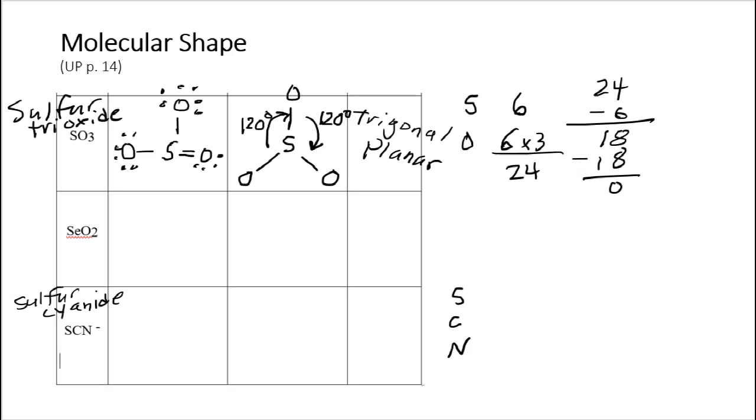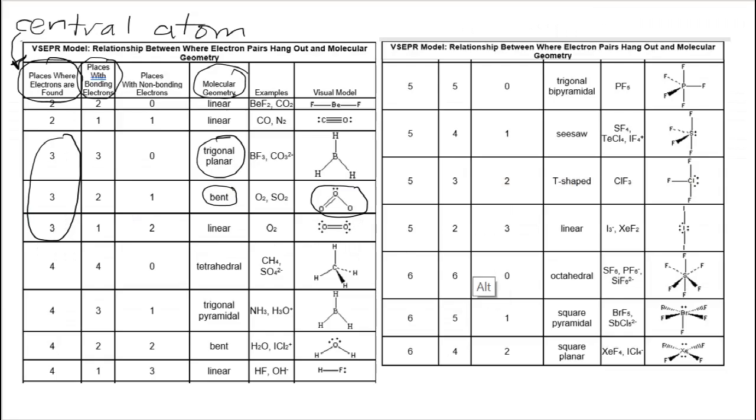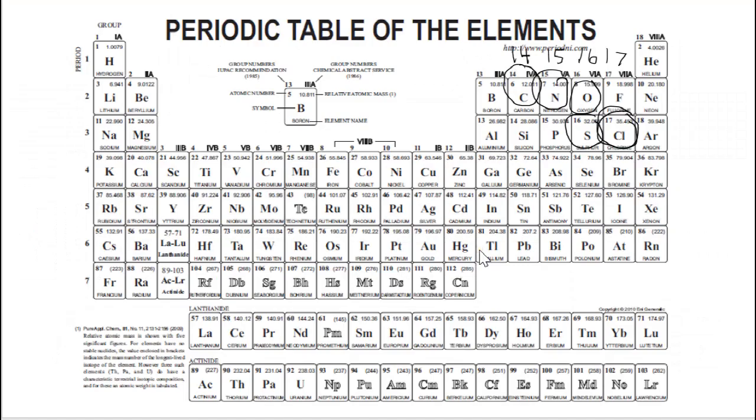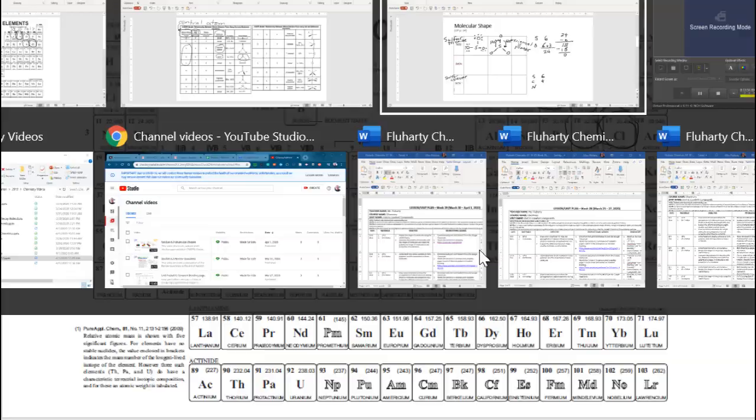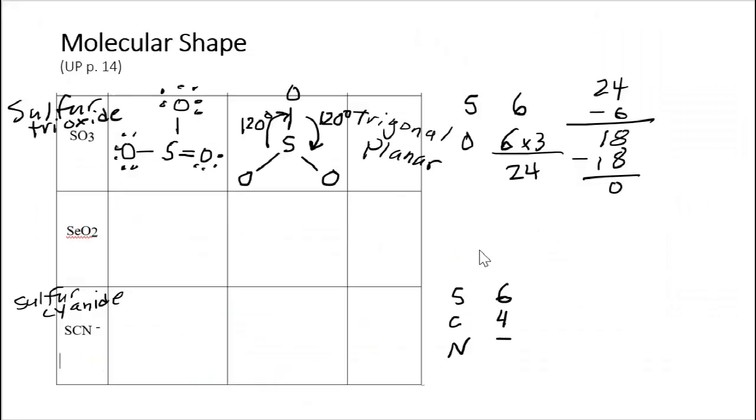Sulfur is 6, right? 6 electrons. Carbon is 4, column 14. Nitrogen, I'm not sure what that is. Okay, so we got to go to the periodic table. There's nitrogen. Nitrogen is in column 15. 15 minus 10 is 5. That's 5. Okay, you add those up, that's 15.